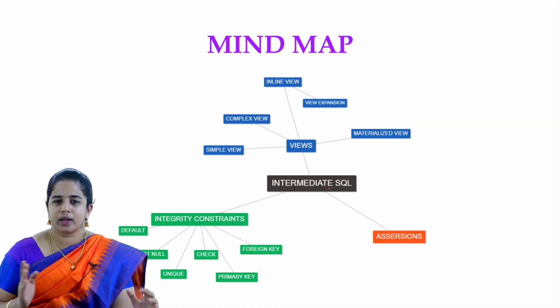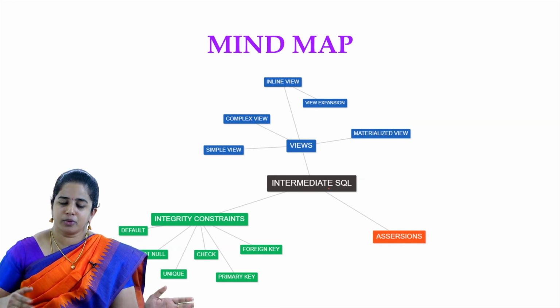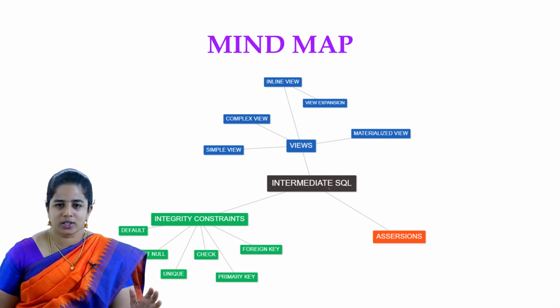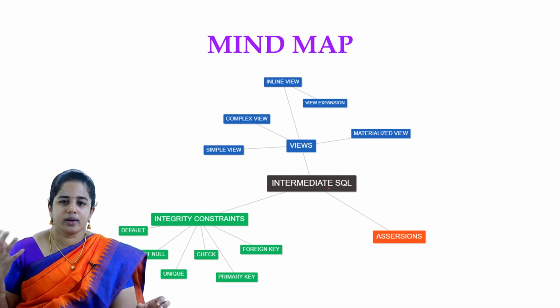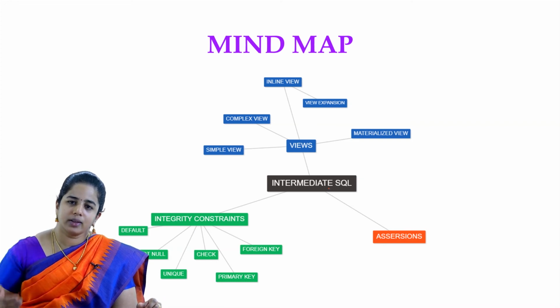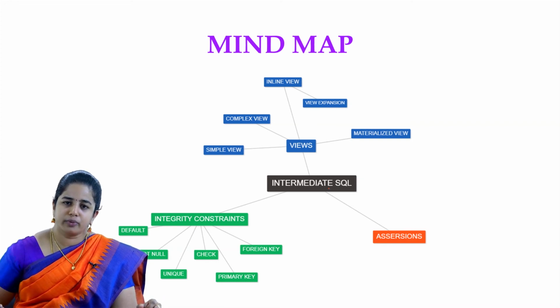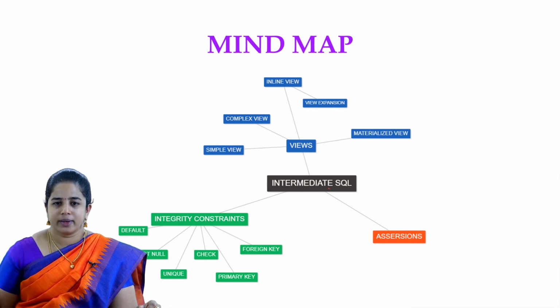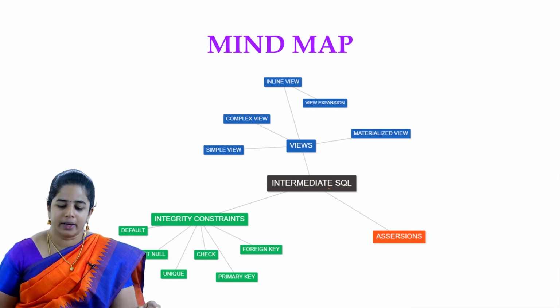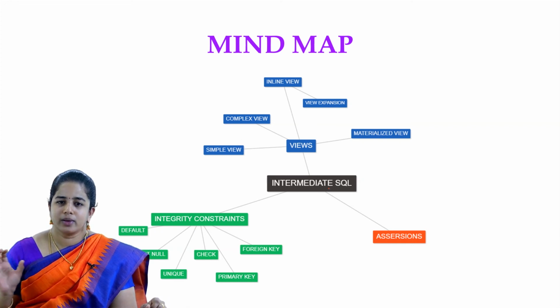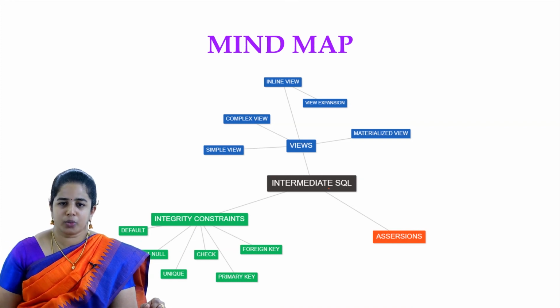That is, from one view you can create another view, and from that another view. It goes like a chain. A materialized view is also something like a view, but here we retrieve the data and store it in a physical location. So whenever the underlying table from which the view is generated is updated, the materialized view also needs to be updated.